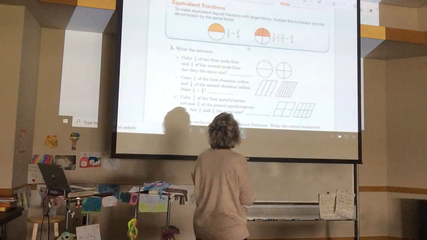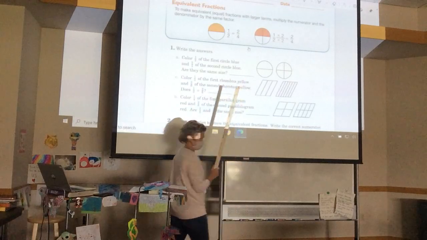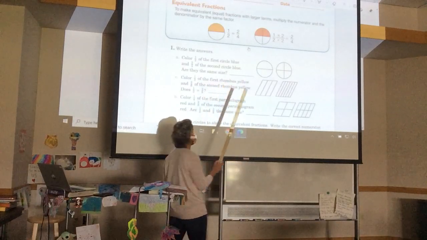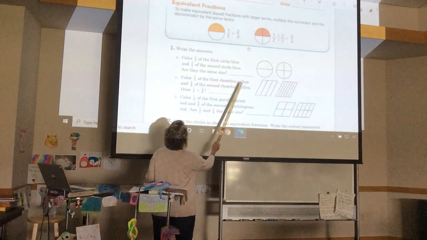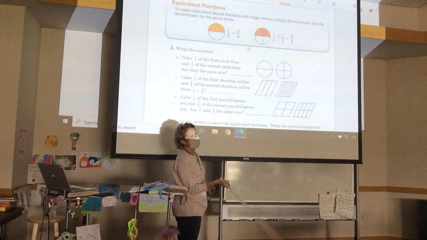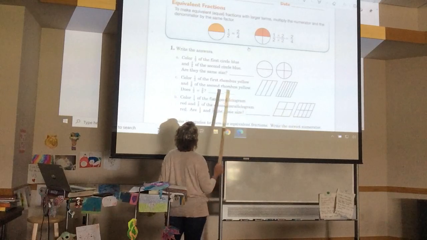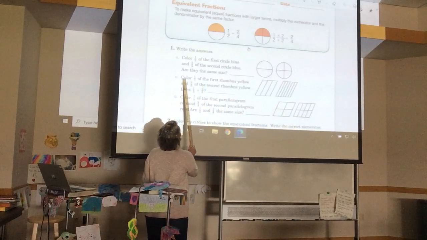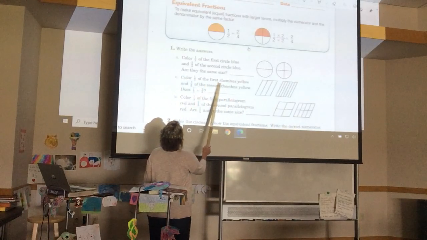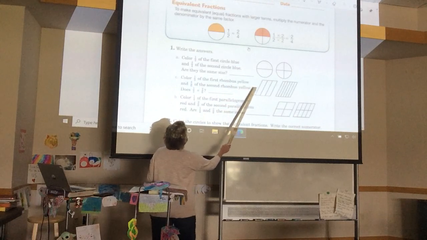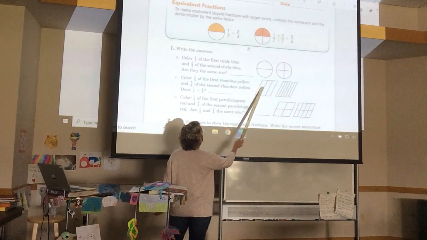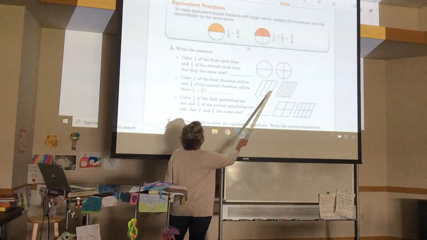All right, now color the first rhombus. I love that word, rhombus. Yellow. I'll just use the same. It doesn't matter. If you want to do yellow, that's fine. If you just want to use the same color, or if you want to use your pencil, that's fine. So, color 1/3 of the first rhombus yellow. So how many sections do we have? 1, 2, 3.